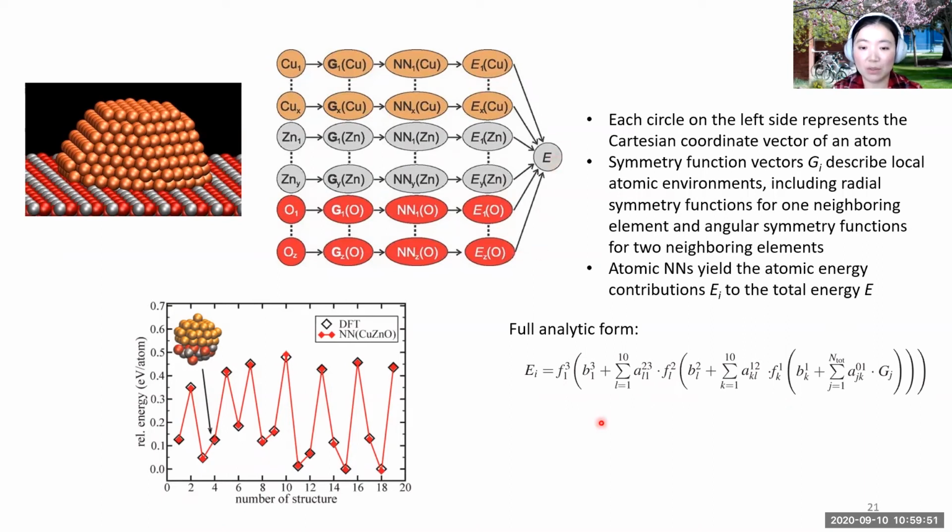If you want to know what the neural network is and what algorithm it uses, these are the equations that control the neural networks. This figure shows that the neural network can generate the interatomic potential pretty well.